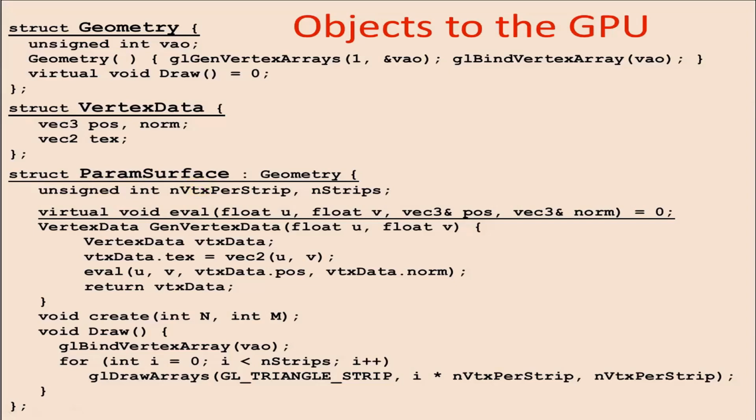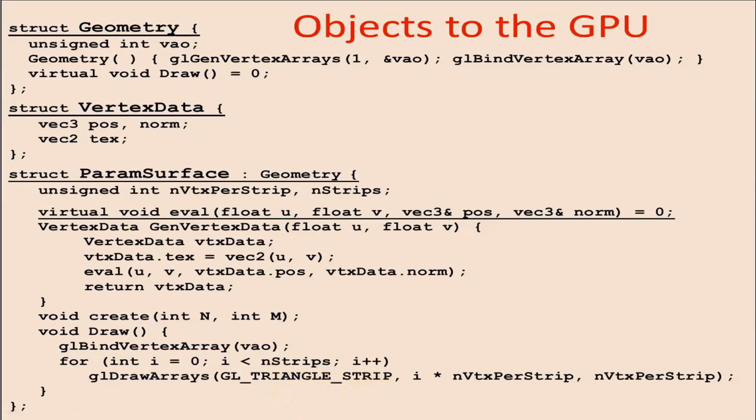All parametric surfaces are similar in how they should be tessellated. The process should decompose a unit square into rows and columns and visit vertices row by row. A single row forms a triangle strip.